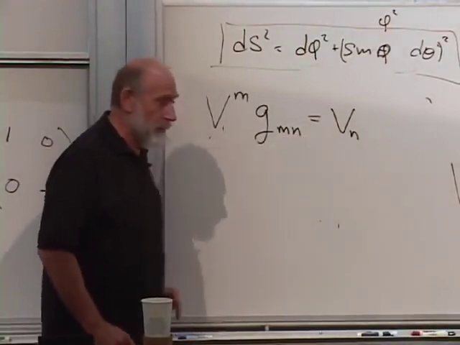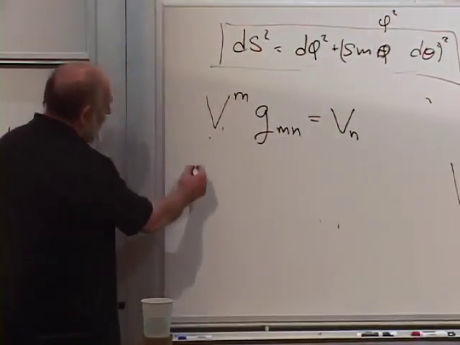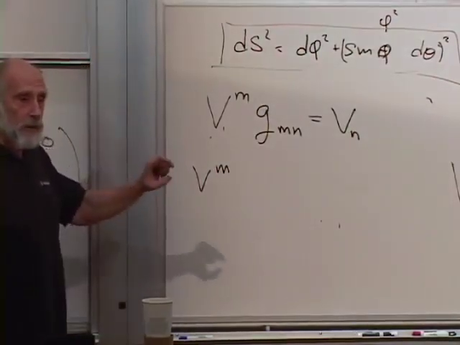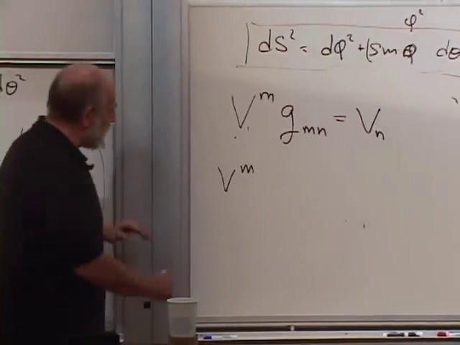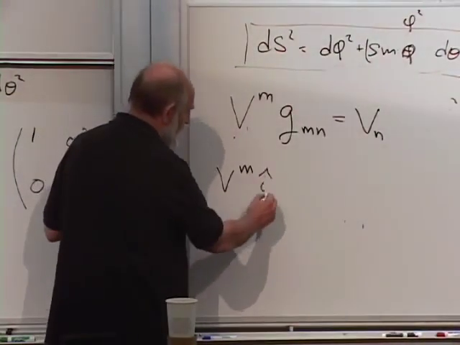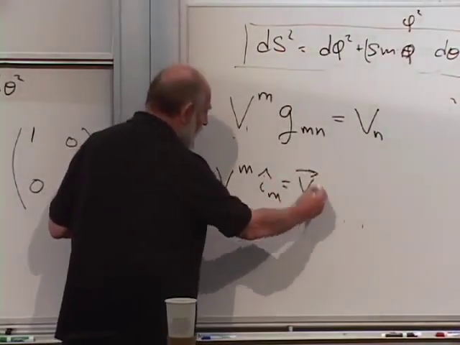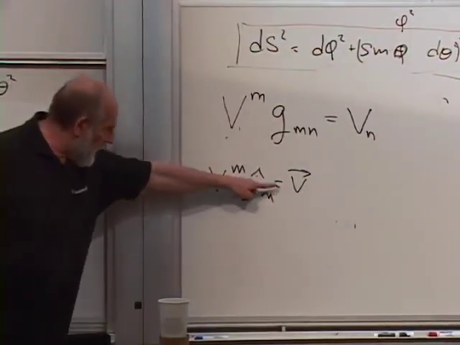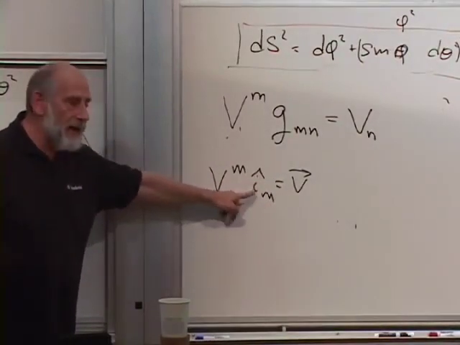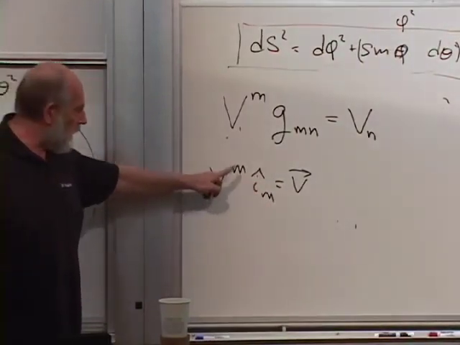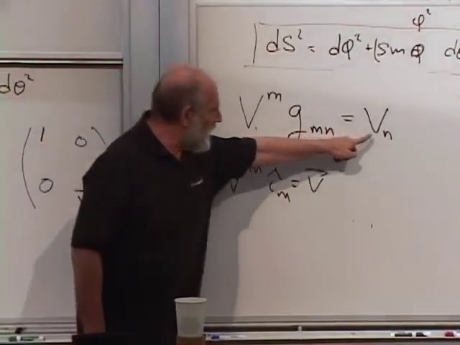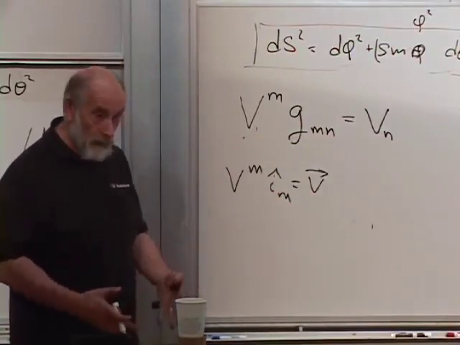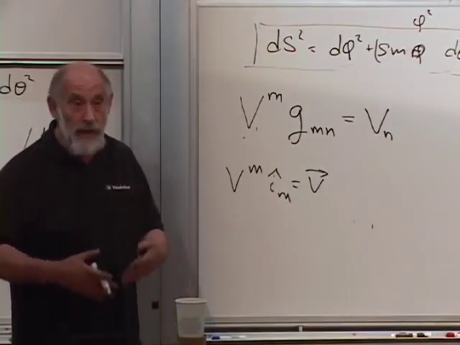The connection between these two things is: if V^m are the set of coefficients that you multiply by unit vectors and sum them up to get the vector V, if you think of these V's as defining a vector by adding up the V's times unit vectors, then the V's with lower components are, as I told you in the beginning, the covariant components of the same vector.